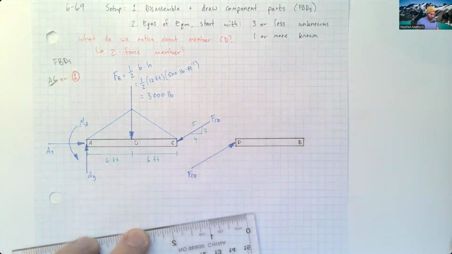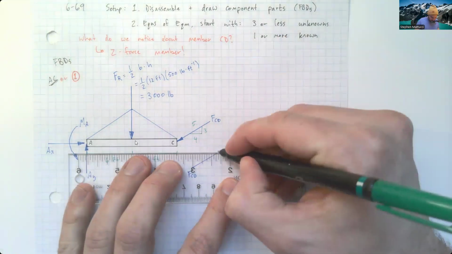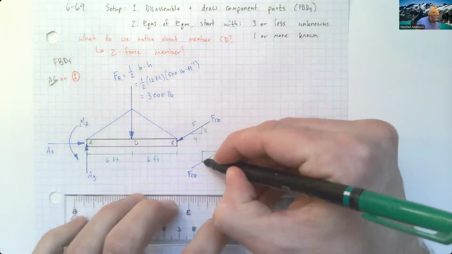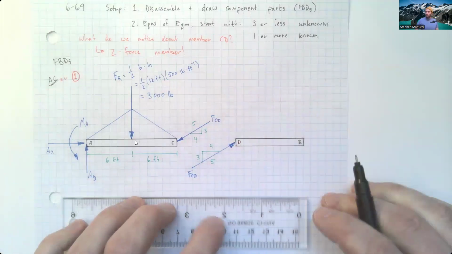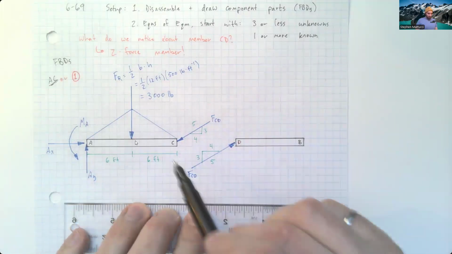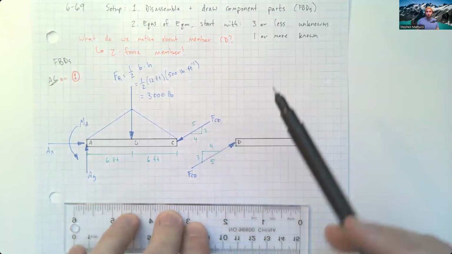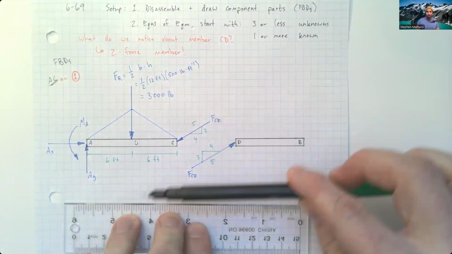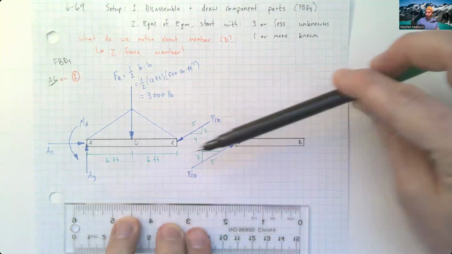So we have FCD. Again, this is a 3, 4, 5 triangle. So we've drawn that same force on both of these. Now, if you didn't recognize this, you could just draw the CD member and you would just have a 2-force member with the same force acting at each of those.